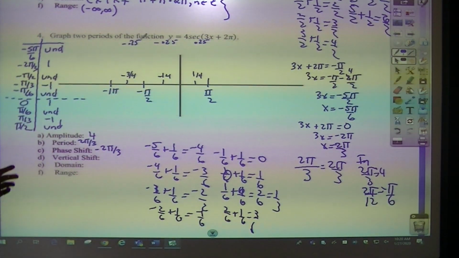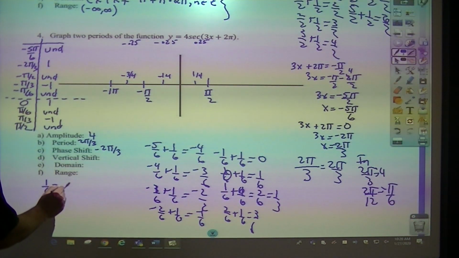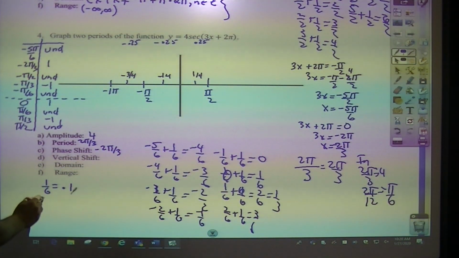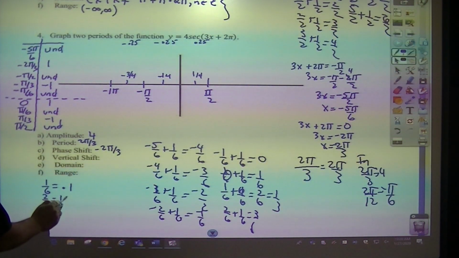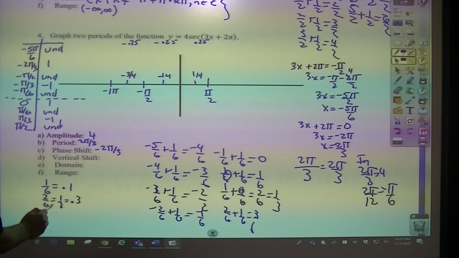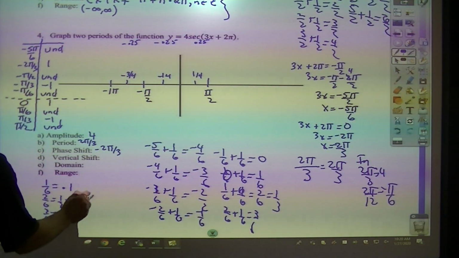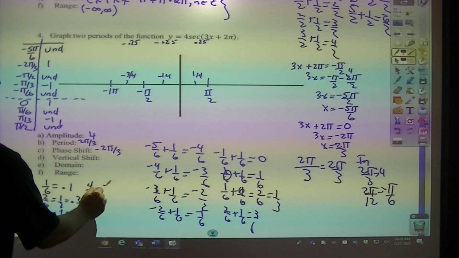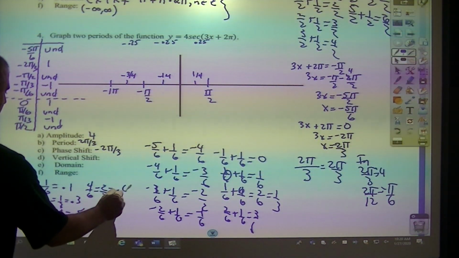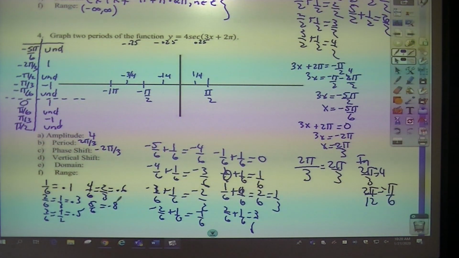Something you have to understand is that 1/6 is like 0.1 something, 2/6 is just 1/3, which is 0.3, 3/6 is just a half, which is 0.5, 4/6 is 2/3, which is about 0.6, and 5/6 is about 0.8. So as far as your decimals go, that can help you.